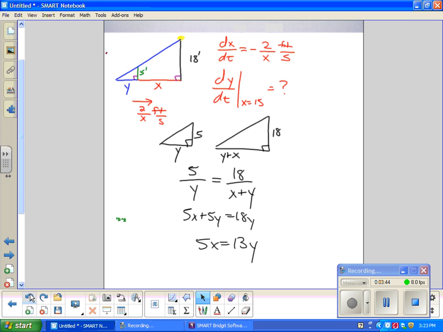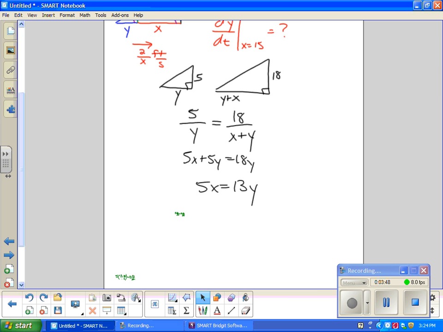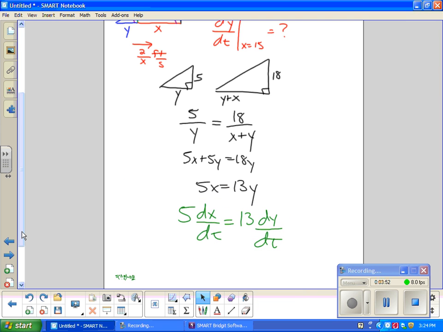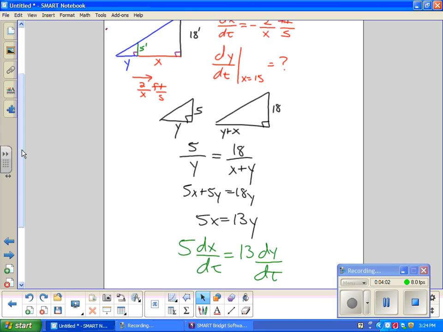So what I can do now is differentiate 5x equals 13y. If I do that, I get 5 dx/dt equals 13 dy/dt. Now, if dx/dt was a constant, dy/dt would also be a constant 5/13 of it.